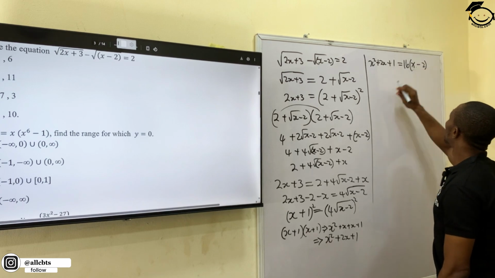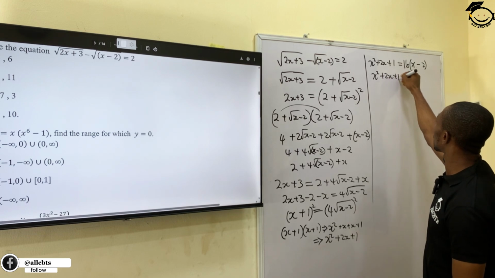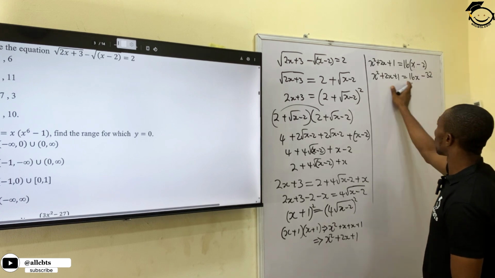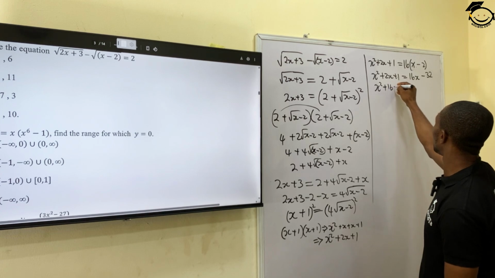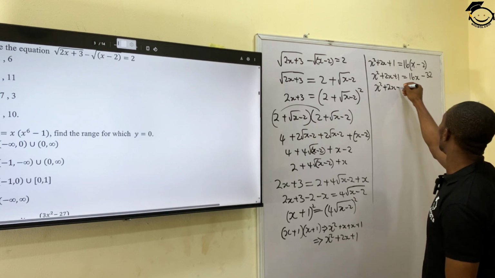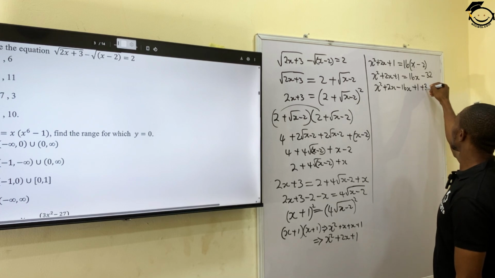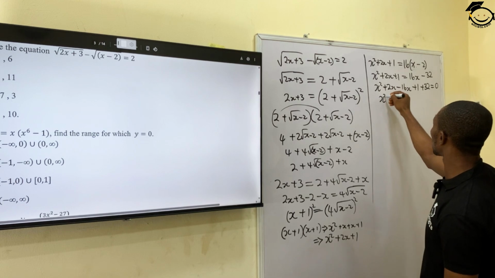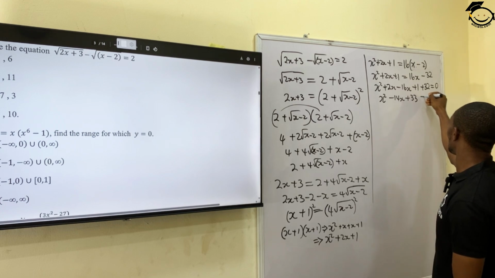Expanding this bracket, we have x squared plus 2x plus 1 equals 16x minus 32. Collecting our like terms, we have x squared plus 2x minus 16x plus 1 plus 32 equals 0. So this leaves us with x squared minus 14x plus 33 equals 0.